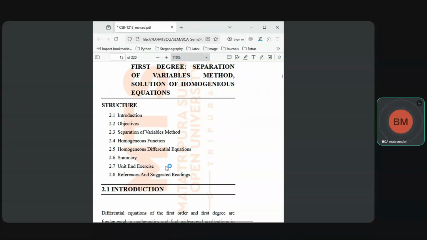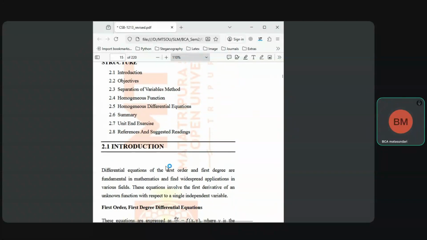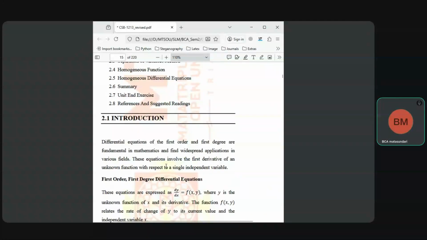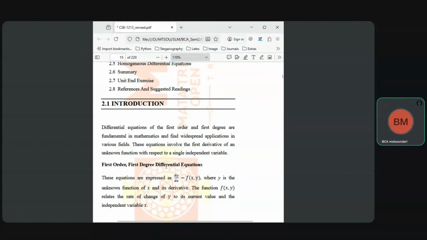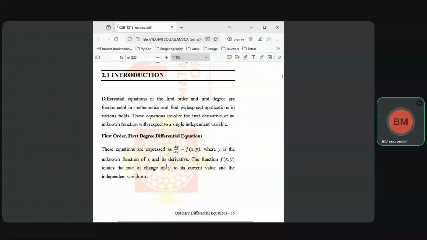Here we'll see the separation of variable method, homogeneous function, homogeneous differential equation, and exercises. Before going further, let's see the introduction part.